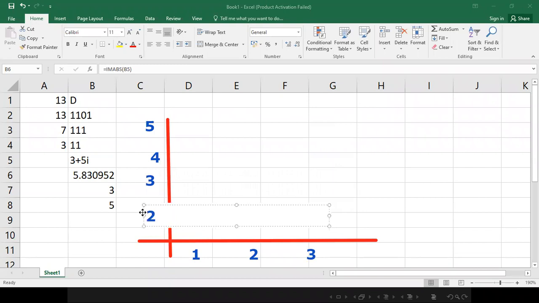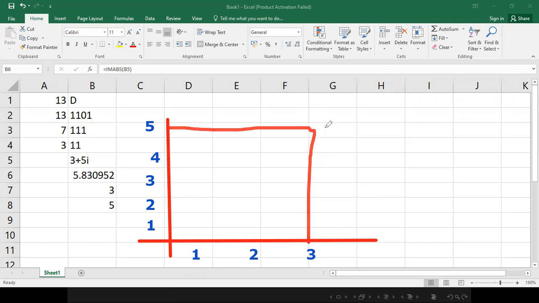It is plotted on a graph sheet. 3 plus 5i is equivalent to marking this point. It's equivalent to marking this intersection between the real component 3 and the imaginary component 5. We start with 3 and go up to 5. This is the point we represent through 3 plus 5i.